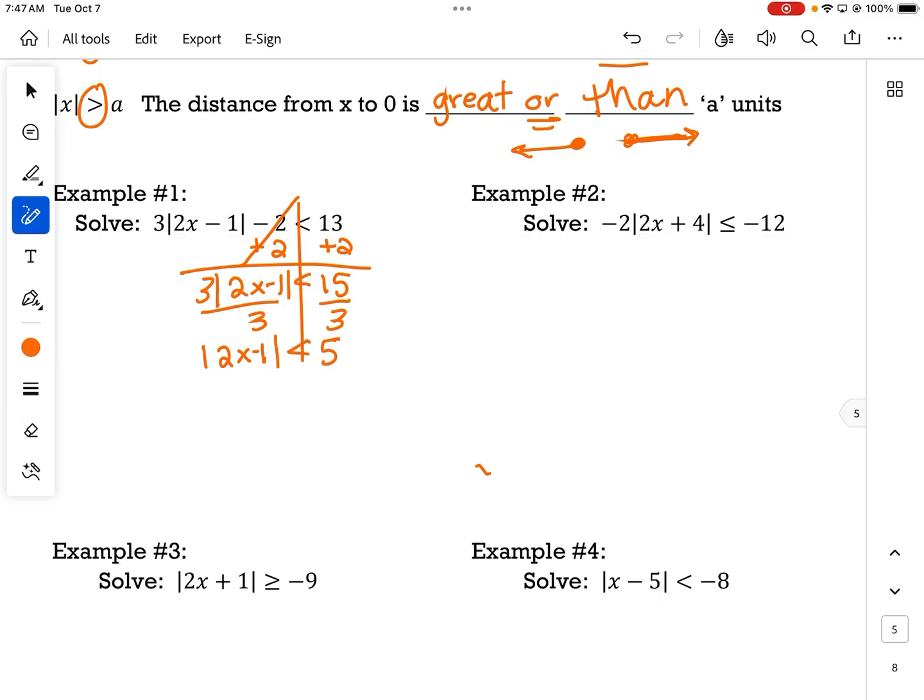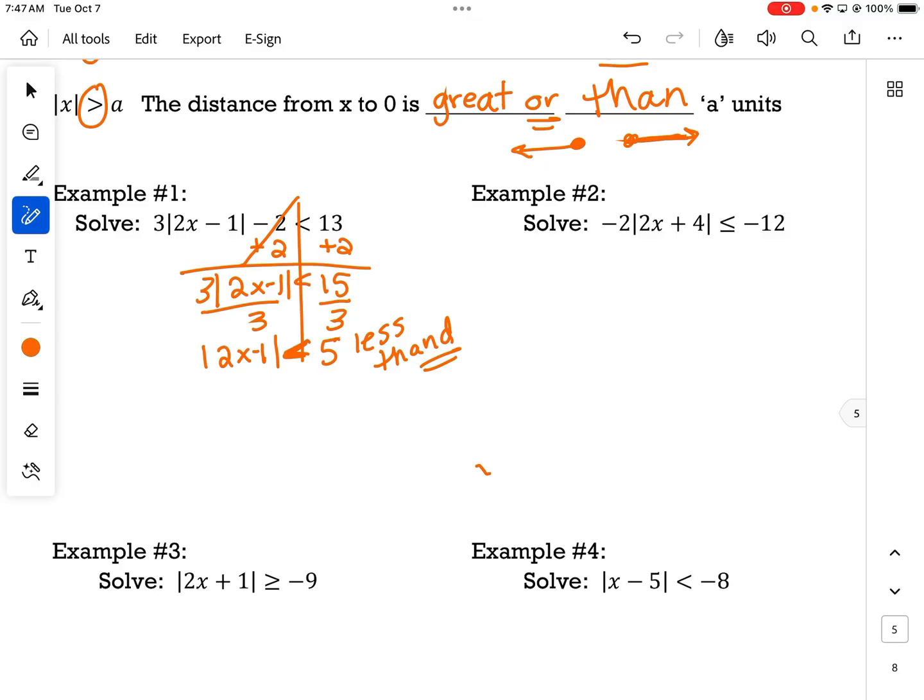Okay, so at this point, we can decide how it's going to be shaded. And then we find the 2 numbers that we're going to shade, either opposite directions or in between. So this is a less than. So we're going to write that less than and underline and. This is just to help us remember how we're going to shade.